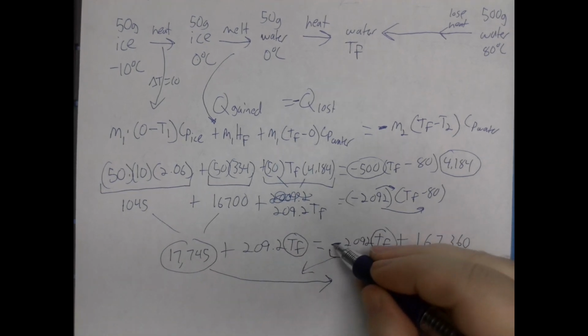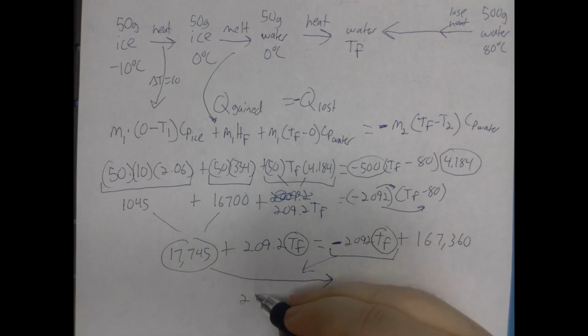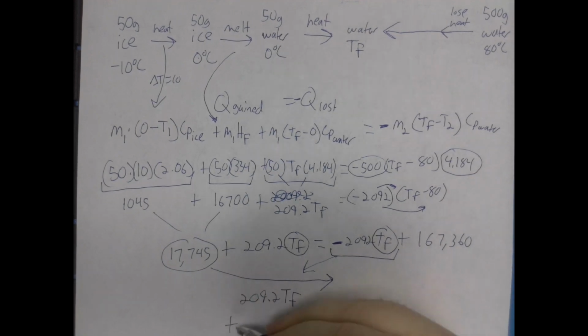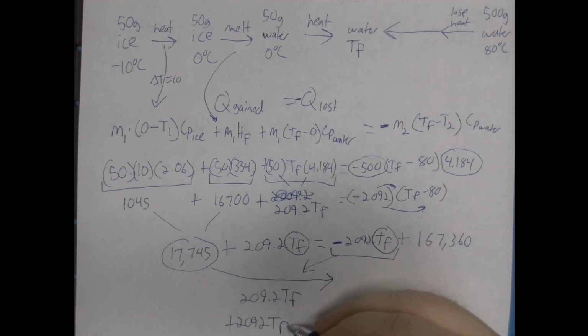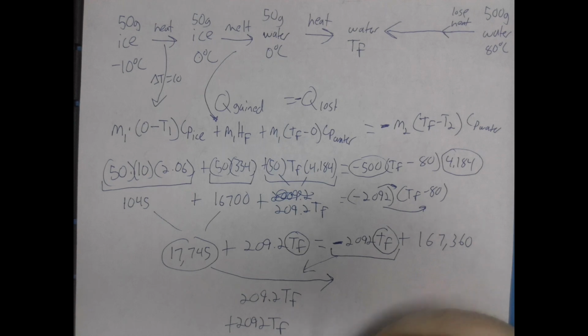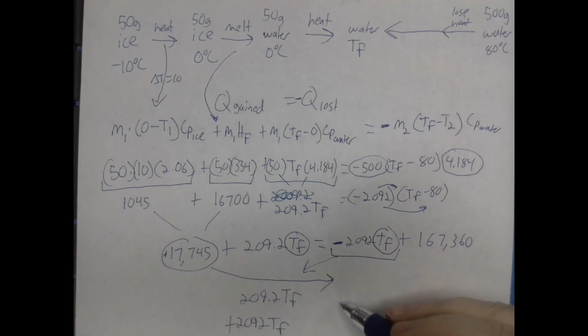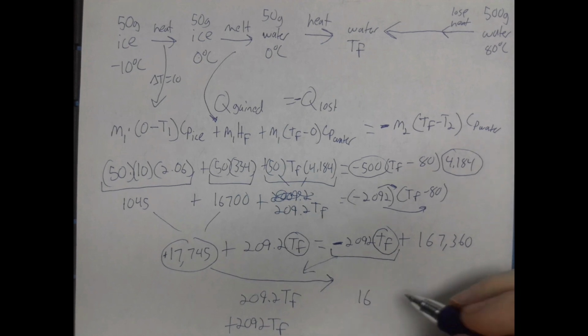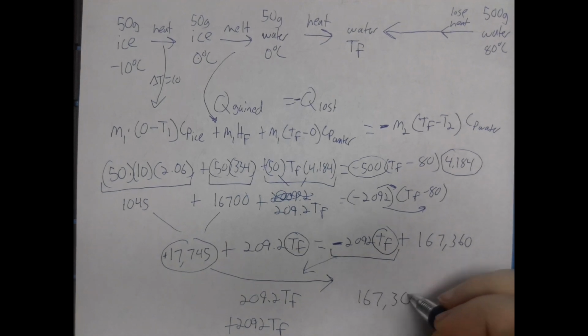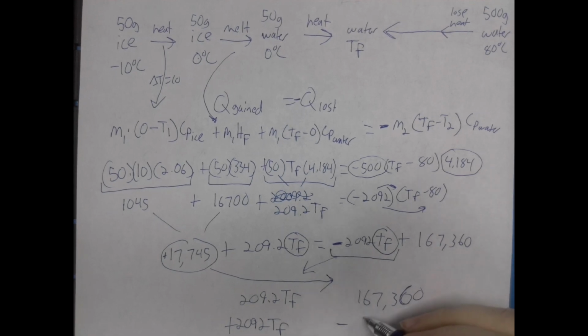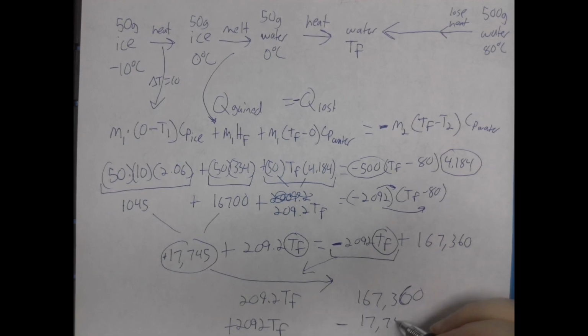It's being subtracted on this side, so I'd add it on this side. This is positive over here, so I'd subtract it on this side. Subtract 17,745.